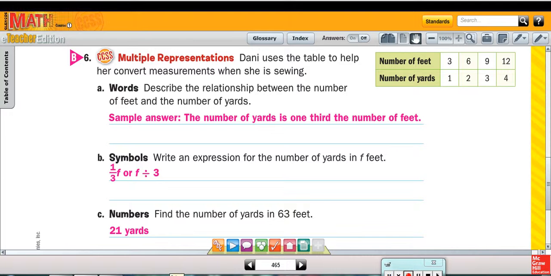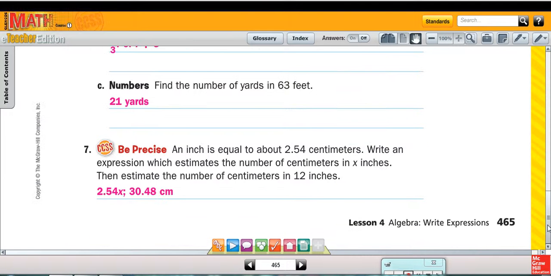Okay, then going on to number 7, an inch is equal to about 2.54 centimeters. Write an expression that estimates the number of centimeters in x inches. So that would be 2.54x. And then estimate the number of centimeters in 12 inches. So that would be 2.54 times 12.